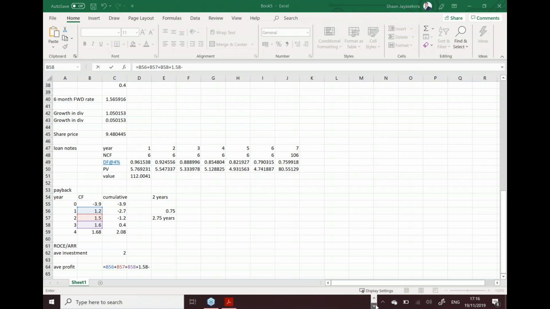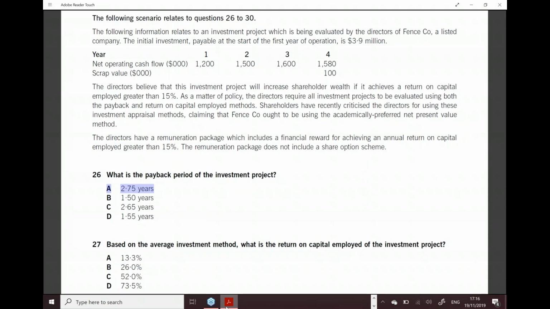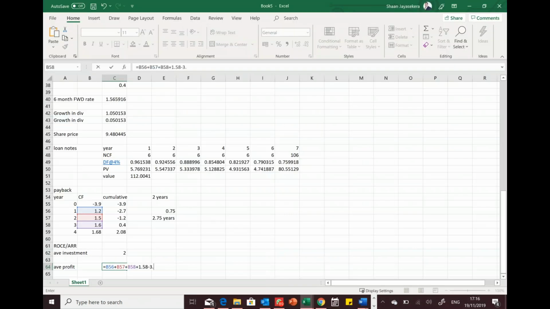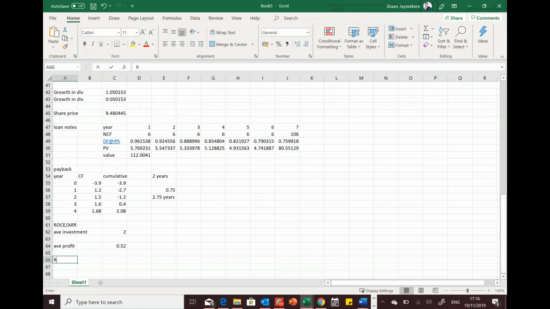The total depreciation here will be 3.9 minus 0.1, which is 3.8. Minus 3.8. That entire thing I will average over 4 years. So that's the average profit per year. Therefore, my ROCE, or return on capital employed, will be this divided by the average investment, which should give me around 26%. Do I have an answer like that? Yes, it's answer B.